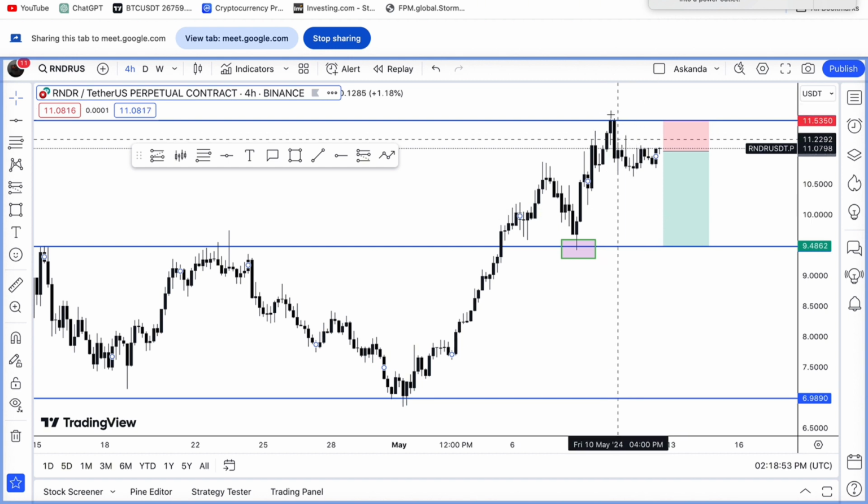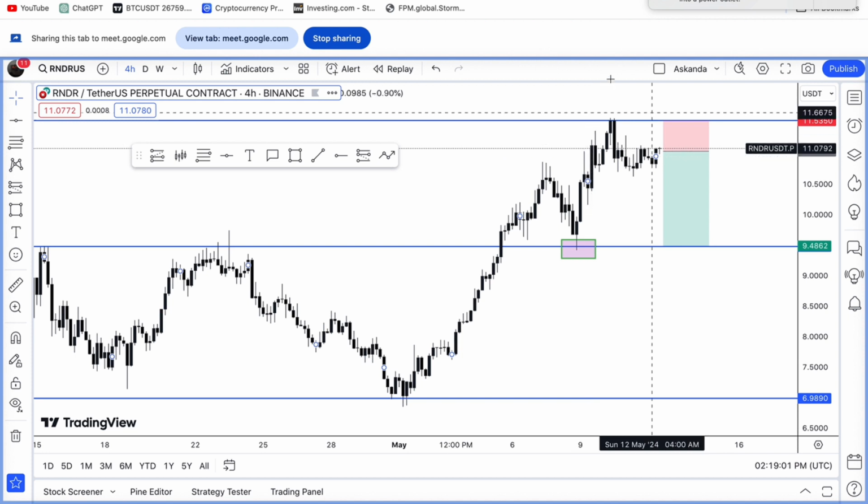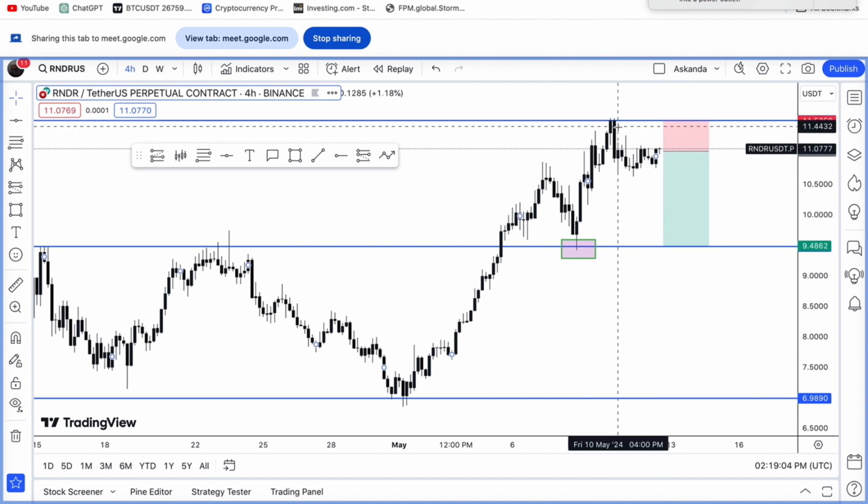That's why I'm saying the resistance is where the price has reached several times and couldn't break it. That place becomes the resistance. Let me just tell you this: resistance becomes support when the price hits the resistance several times and breaks through it.